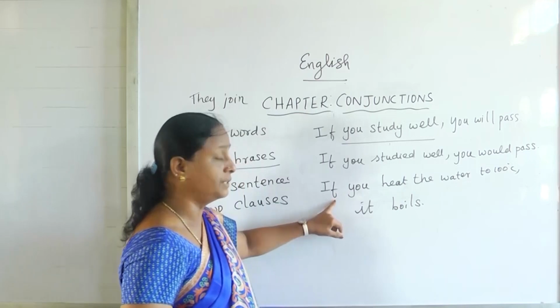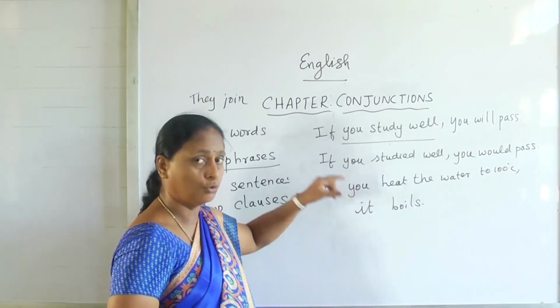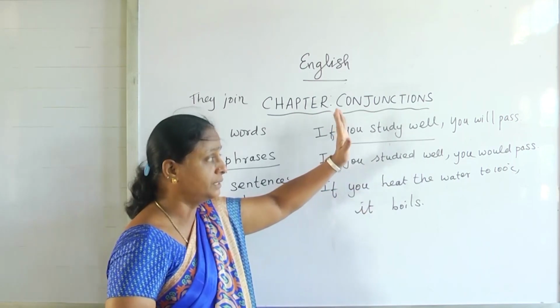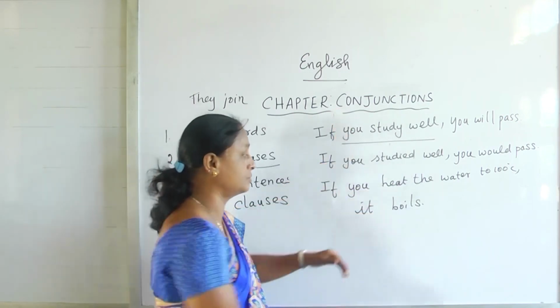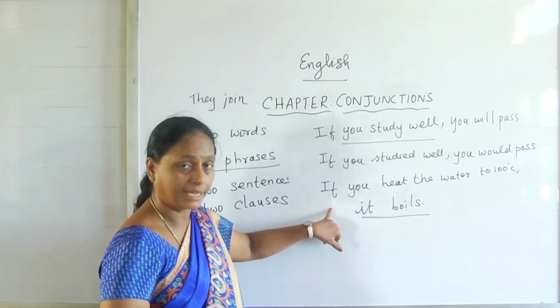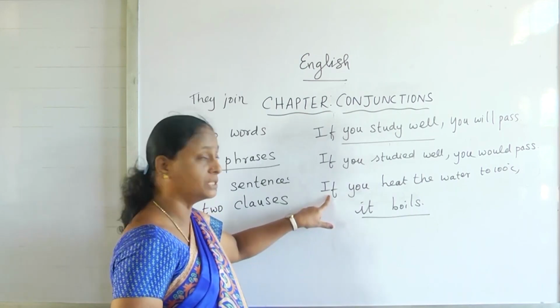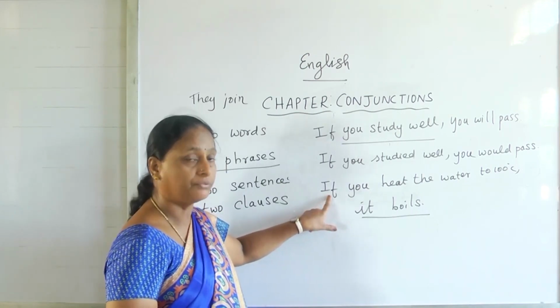So what is this? It is a general scientific fact. So you can't change it. When you heat the water to 100 degrees Celsius, automatically it starts to boil. So it is a scientific fact, which comes under condition. So I can use this fact. What is the conjunction? If.